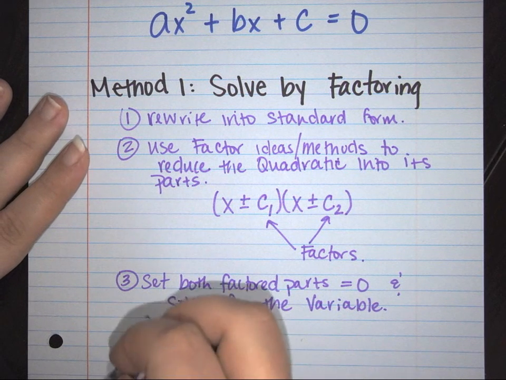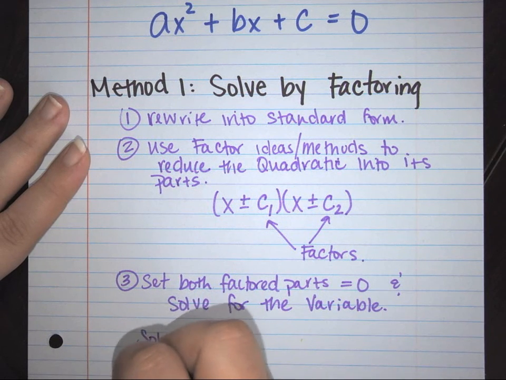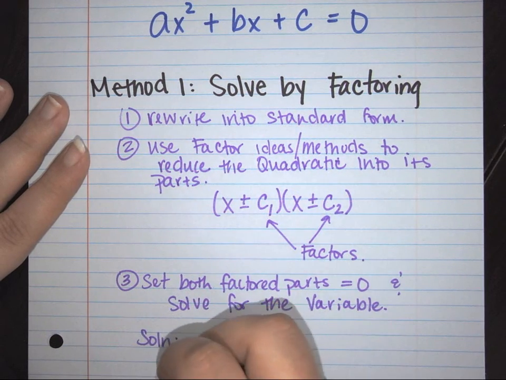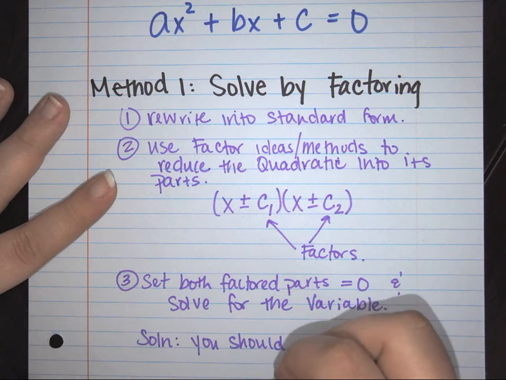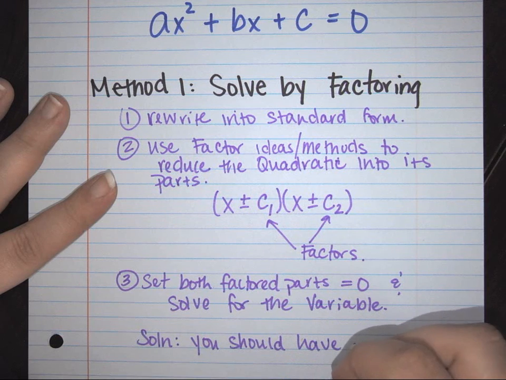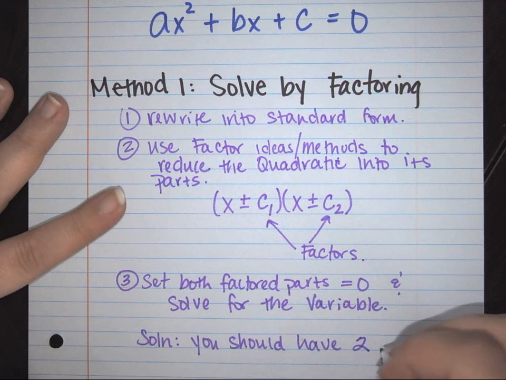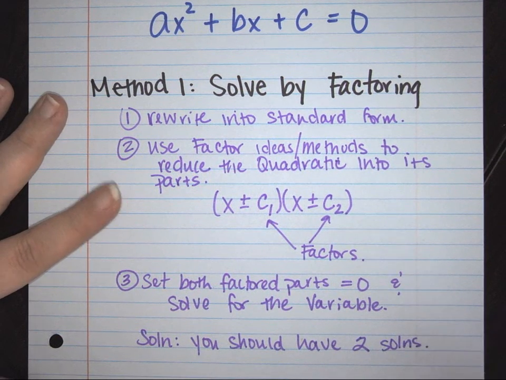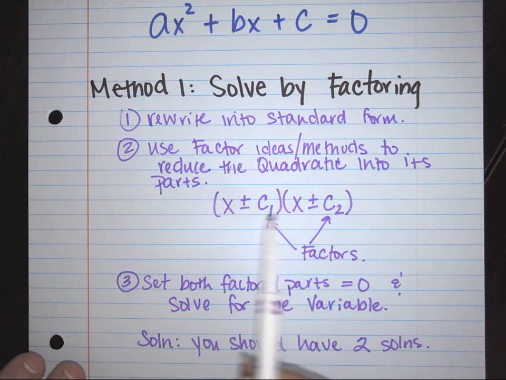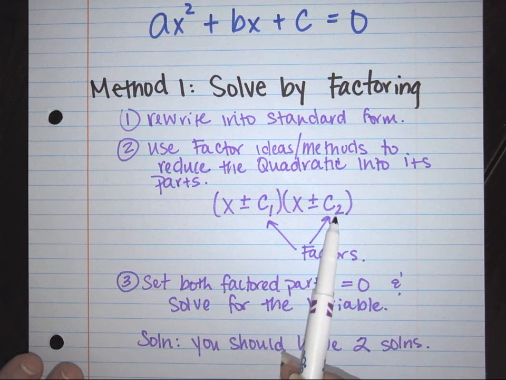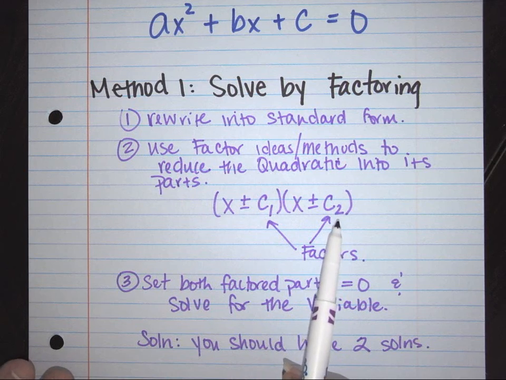So what that means is that when we're talking about your solutions, you should have two solutions. So for the most part, we're having two solutions. The only time that you would ever see one solution would be if your two factors, so this part right here, were the exact same number and had the same sign. Okay?